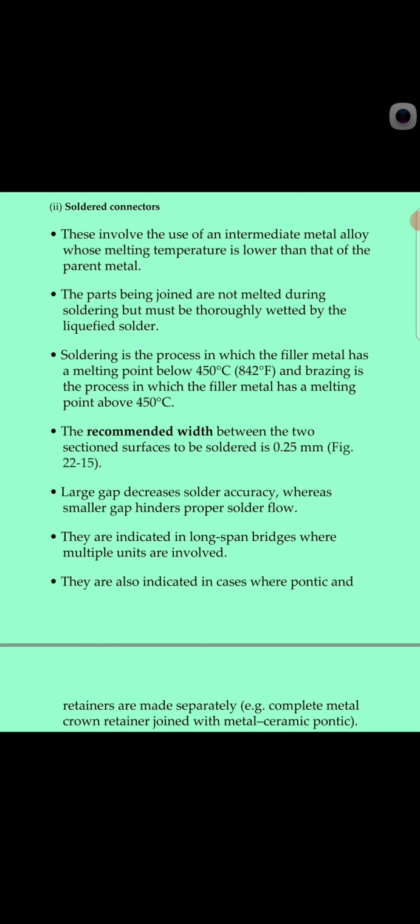A large gap decreases soldering accuracy, whereas a small gap hinders proper solder flow. They are indicated in long span bridges where multiple units are involved. They are also indicated in cases where pontic and retainer are made separately, for example, a complete metal crown retainer joined with a metal ceramic pontic.